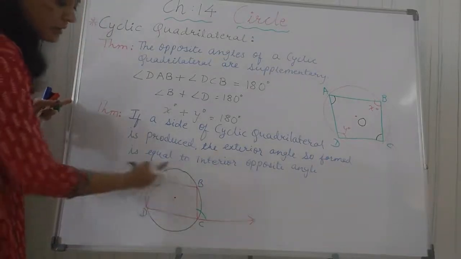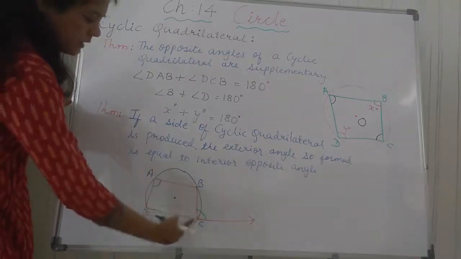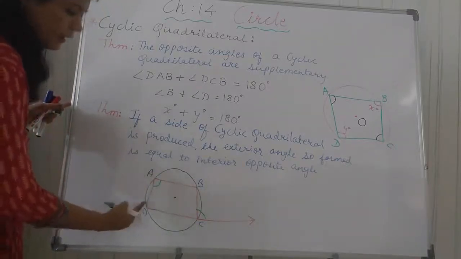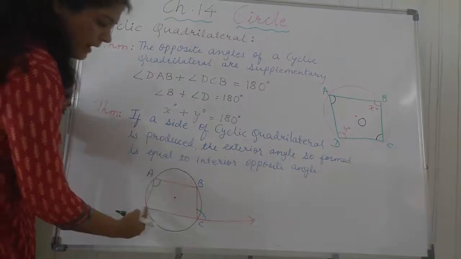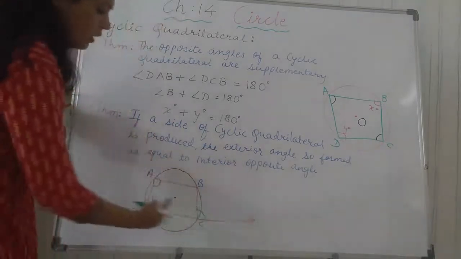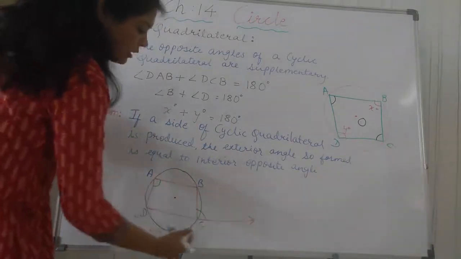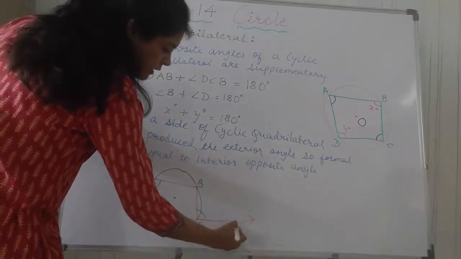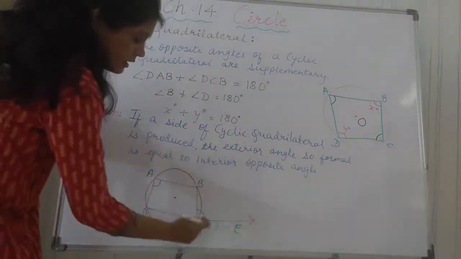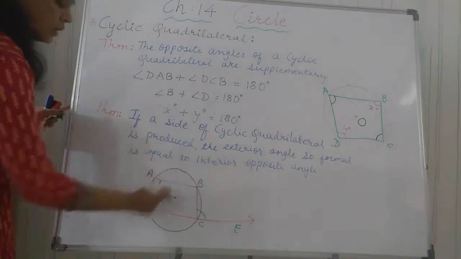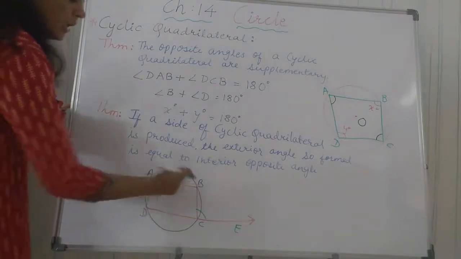So see students, in the figure ABCD is a cyclic quadrilateral. I have produced side DC here. So the exterior angle formed here, suppose I am writing E. So this angle BCE is equal to angle DAB.